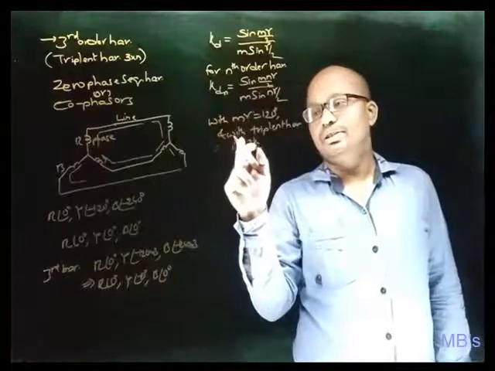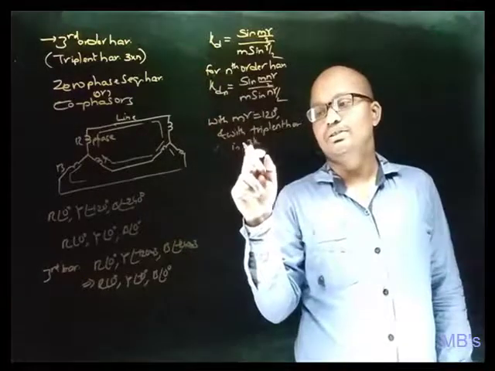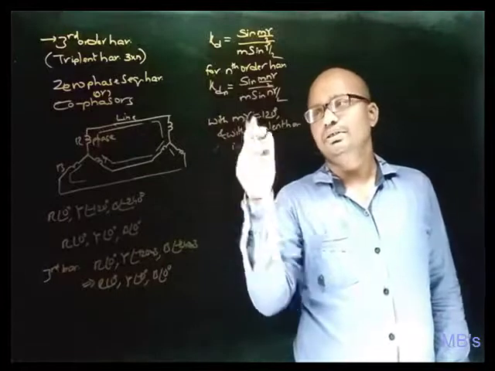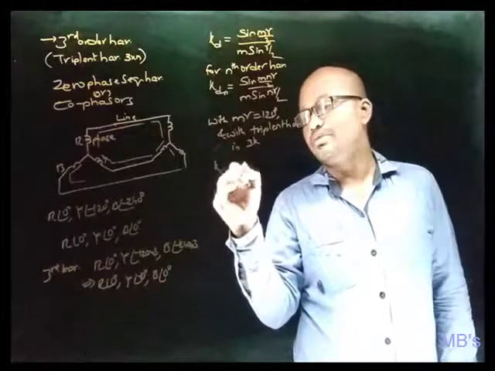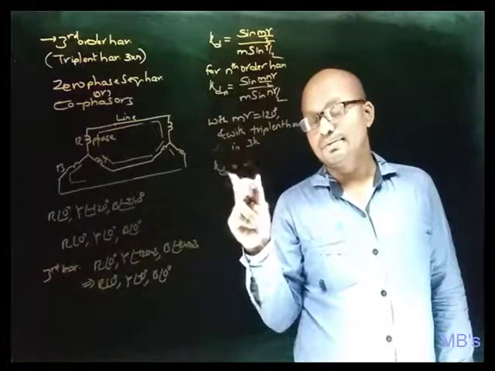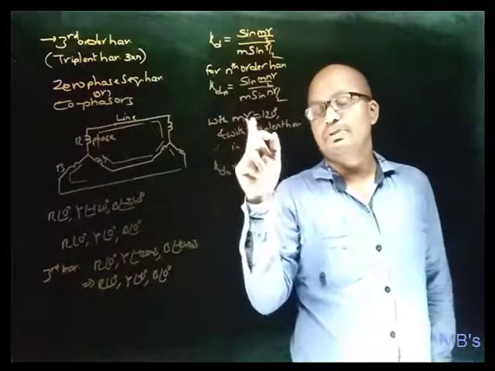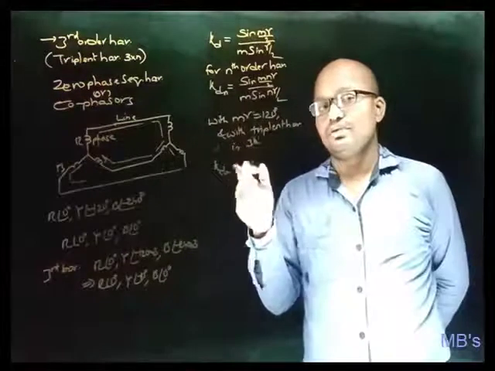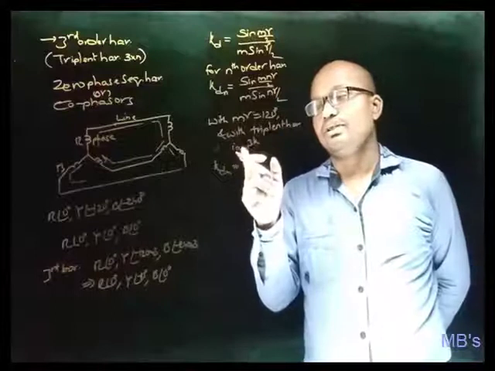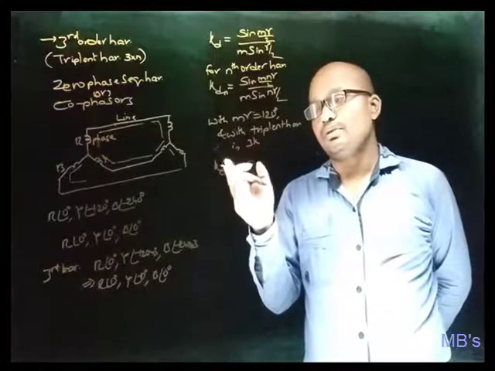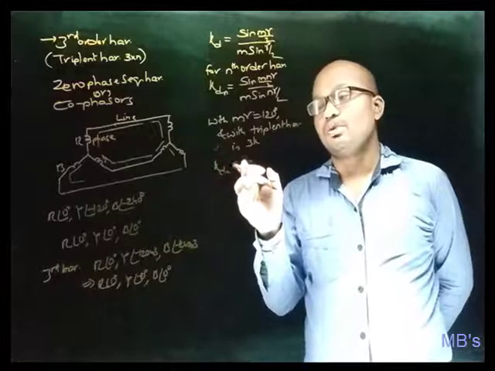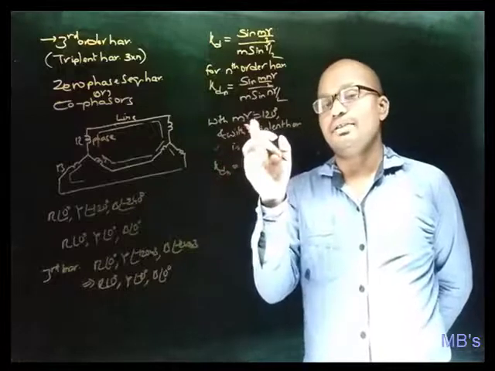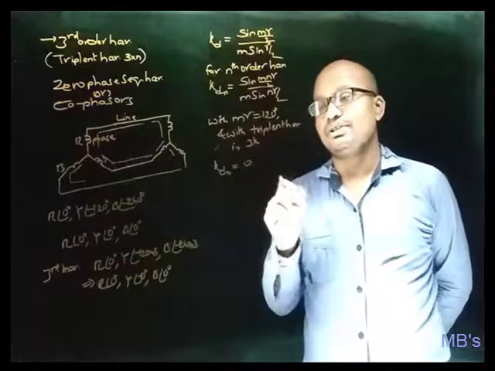With a phase spread of 120 degrees and with triplen harmonics, let us suppose n is equal to 3. Then place this in Kdn. So Kdn becomes 0. Means with a phase spread of 120 degrees, the EMF induced because of the triplen harmonics is 0. Means in phases, you can eliminate the triplen harmonics by providing a phase spread of 120 degrees.